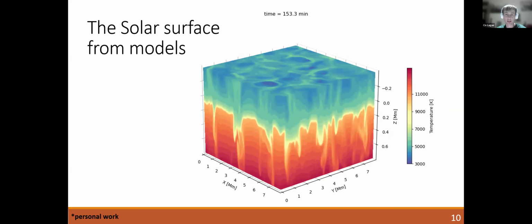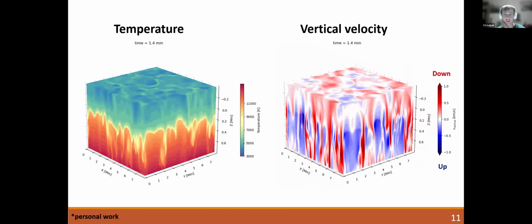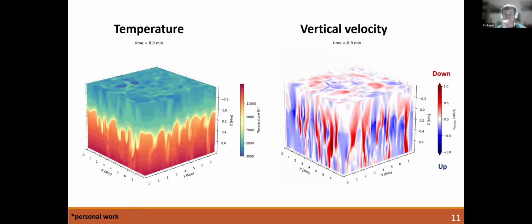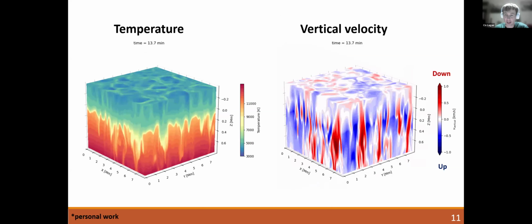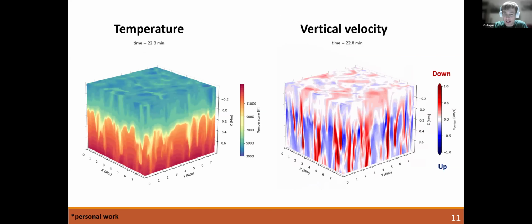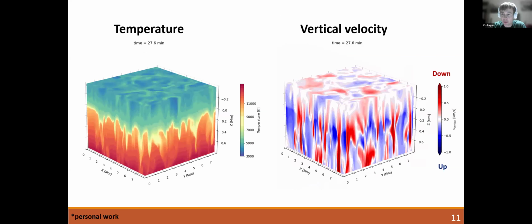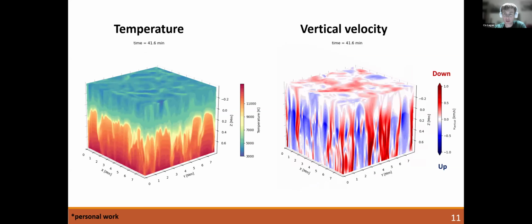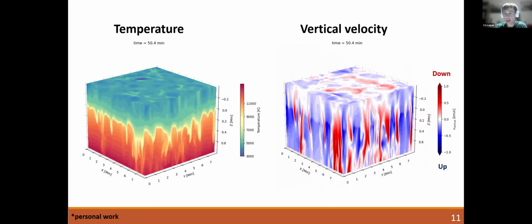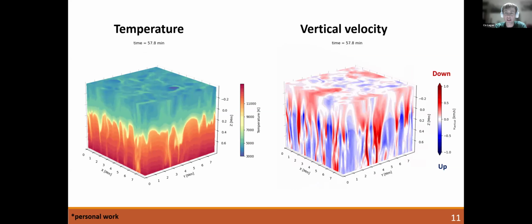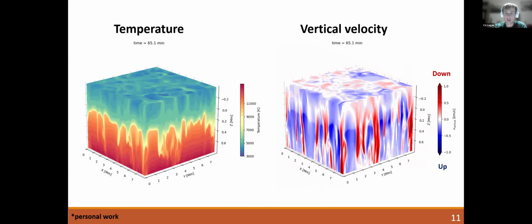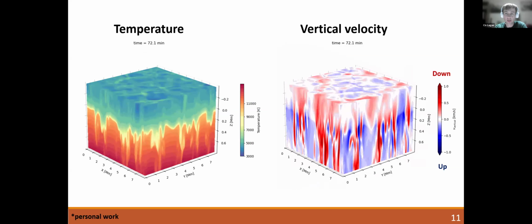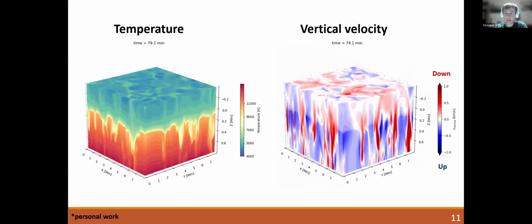Things become a bit more chaotic when you also plot the velocity field next to it. Sorry if these colors are a bit distracting, but there are upflows in blue and downflows in red. They're bounded to 1 kilometer per second just for visualization. And it's the same again. You see hot upflowing plasma in the granules bounded by the cool red lanes going down.